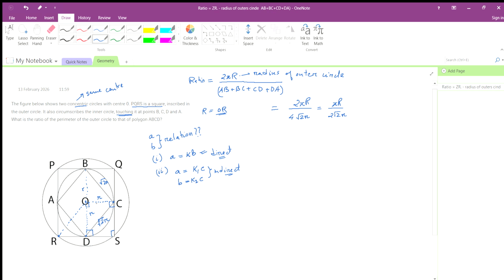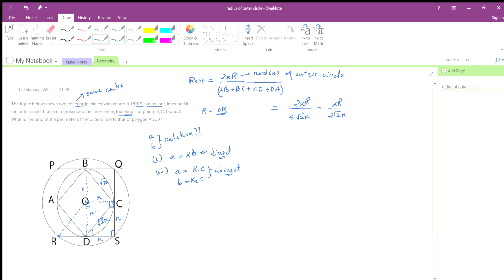Because all the angles are 90 degree and adjacent sides are equal, right? So this will also be r, this will also be r, this is a square. This is a property of square, right? If in a quadrilateral each interior angle is 90 degree and any two adjacent sides are equal, you will get a square.